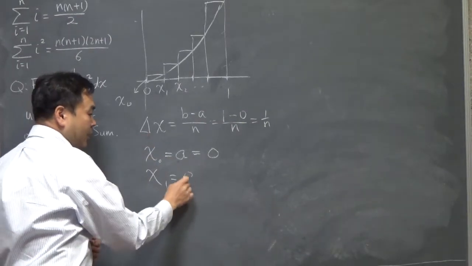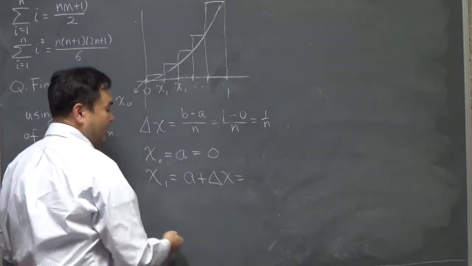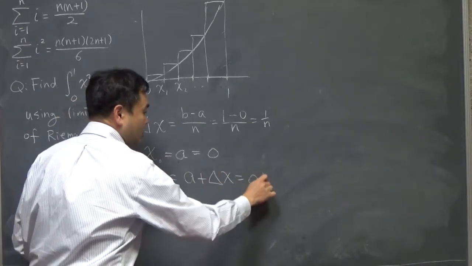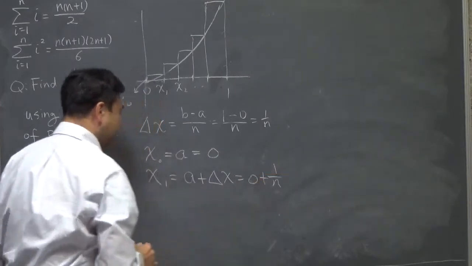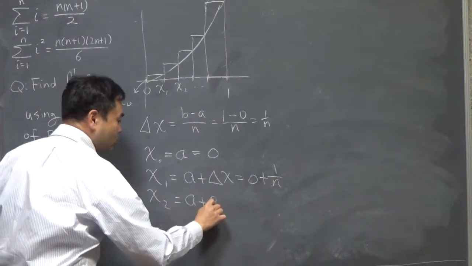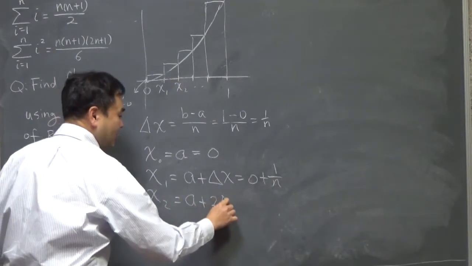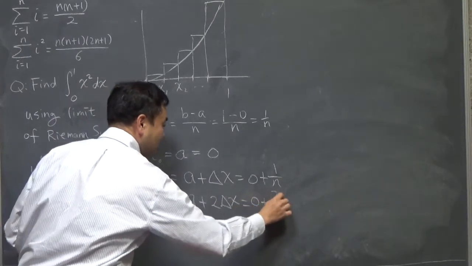So you start from a and you move one step to the right, which in our case will be a is 0, and you have 1 over n as our step size. x2 would be you take 2 steps. So we do 2 times delta x. In our case, we do 0 plus twice of 1 over n, which is 2 over n.